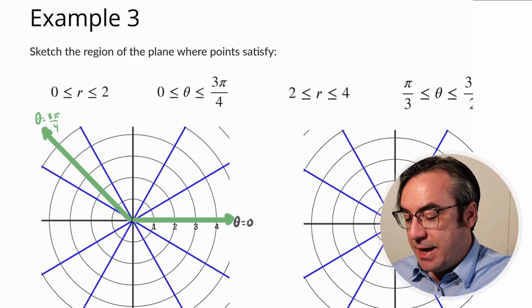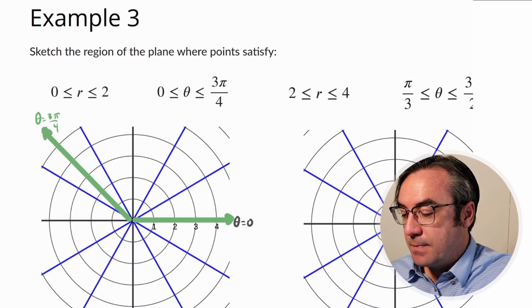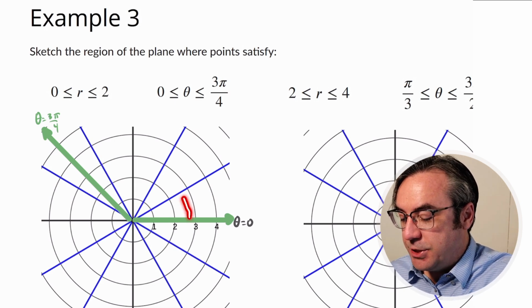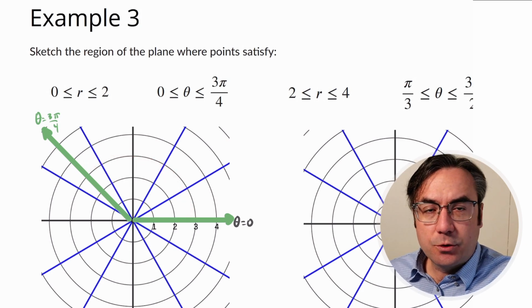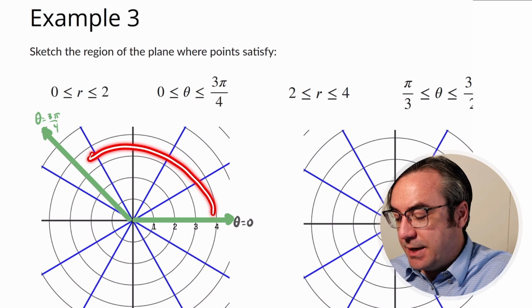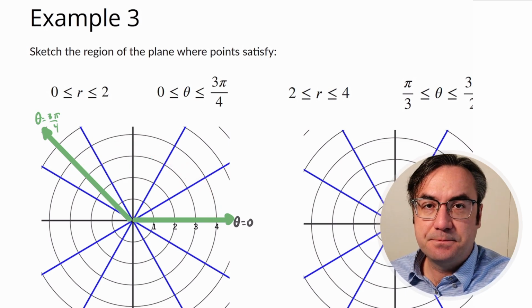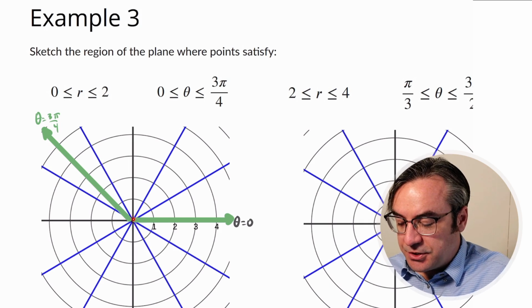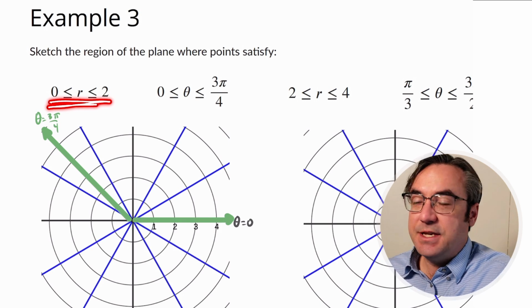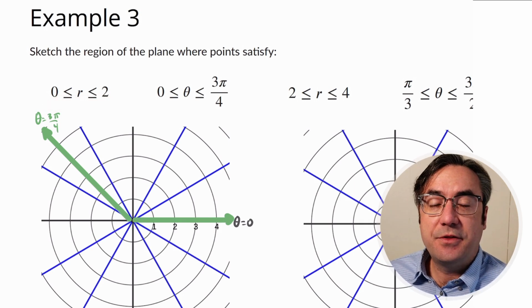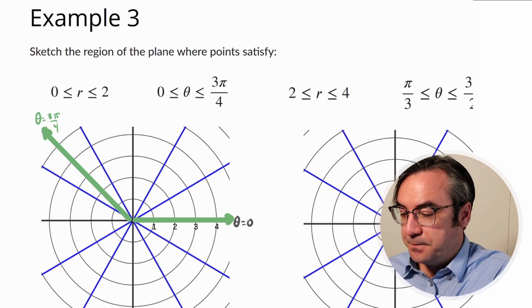Now we're going to imagine a rotation counterclockwise. Remember, when we're dealing in polar coordinates, we go counterclockwise around the origin. So we start with theta equals 0, and look at the inequality where the r value goes from 0 to 2.